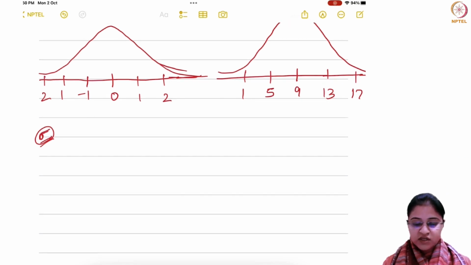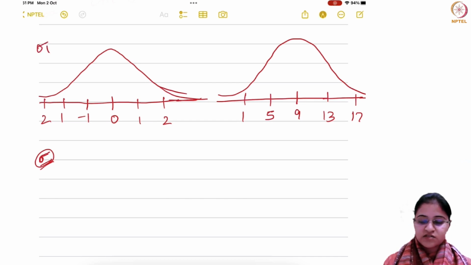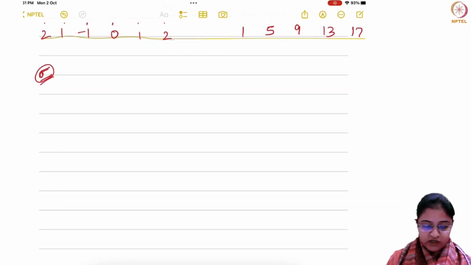Here, if you notice that they are on different scales, and you cannot essentially make a comment over here that with sigma, suppose this is sigma 1 and this is sigma 2, which is larger or not. In order to do that, what we can do is compare them.